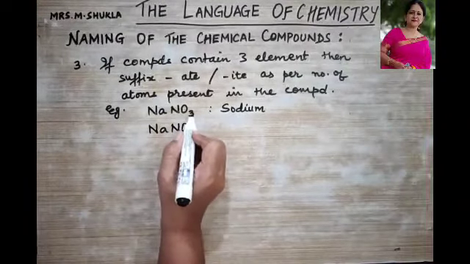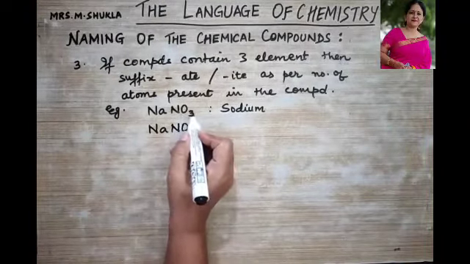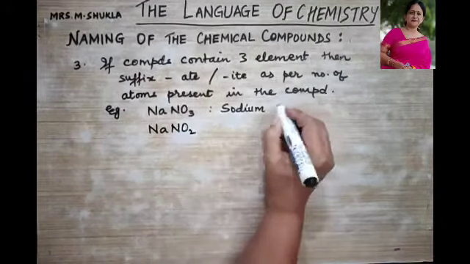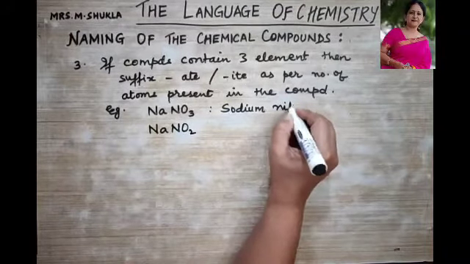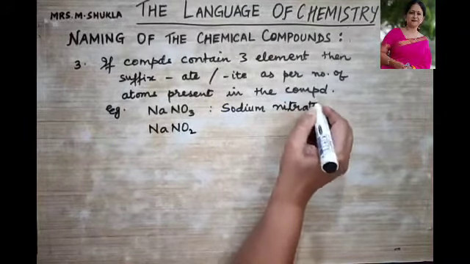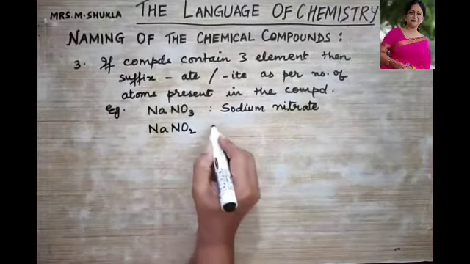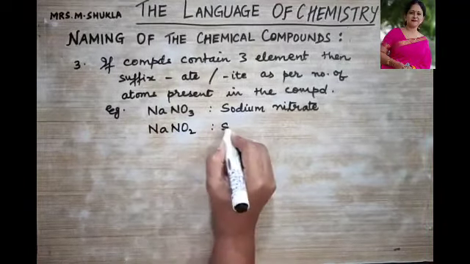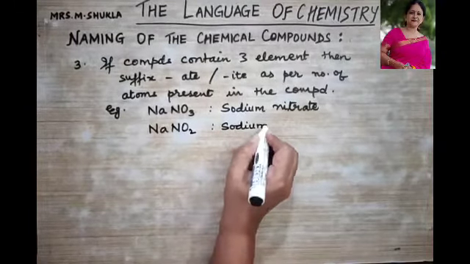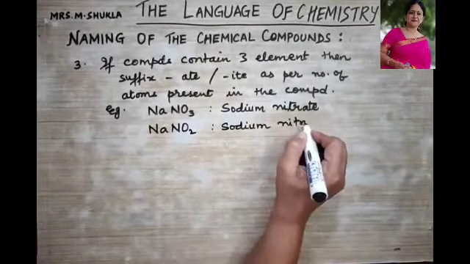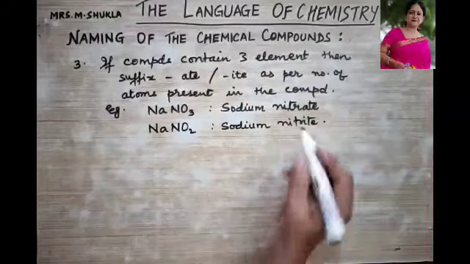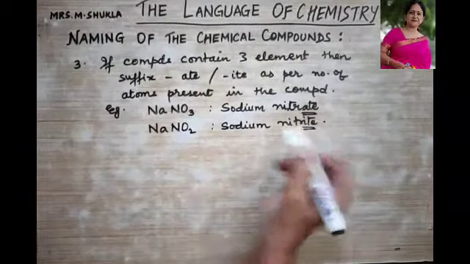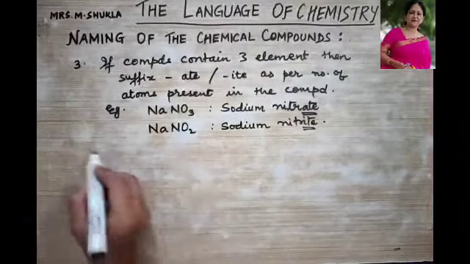For more number of atoms of oxygen present, we write sodium nitrate. Ate is written when more oxygen is present. Ite is for less number of oxygen present. So here it will become sodium nitrite. Clear? Ate is for when more oxygen is there. Ite is for when less oxygen is present.